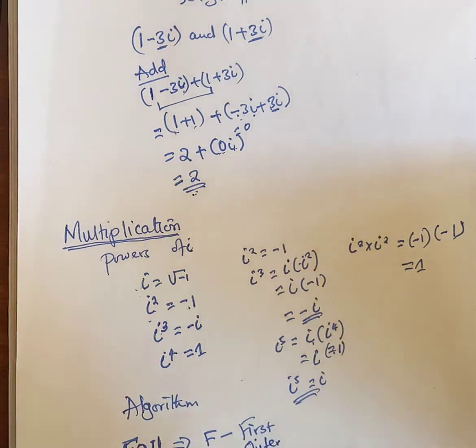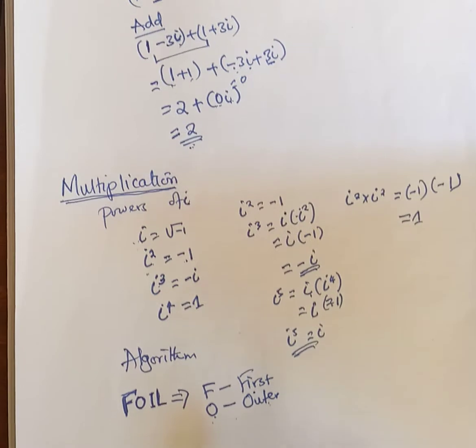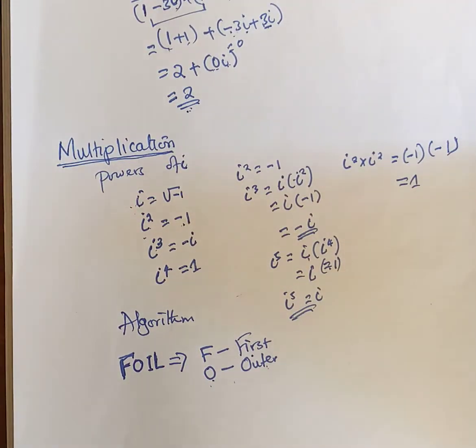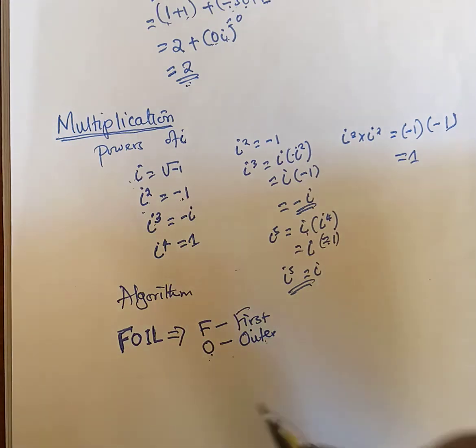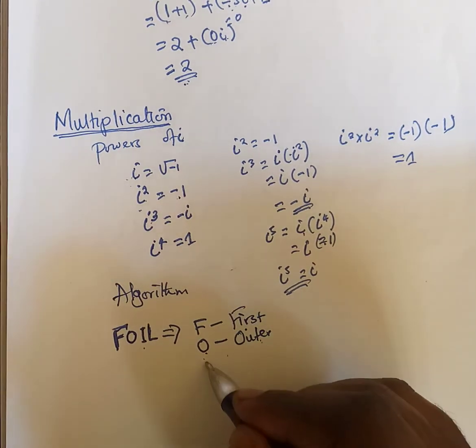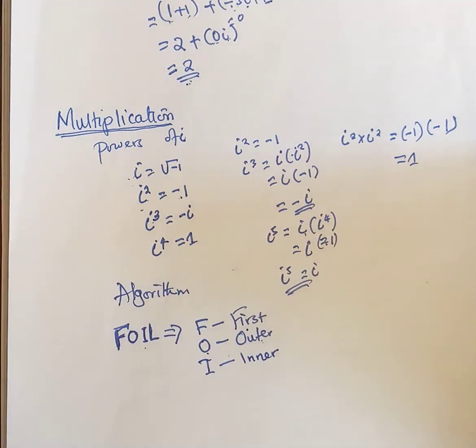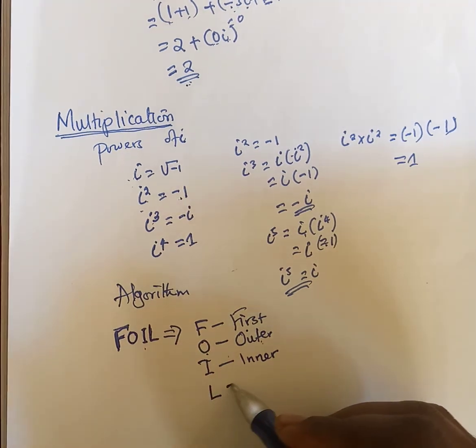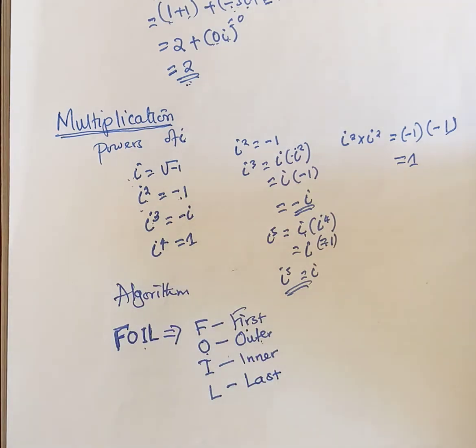After multiplying the first terms, add the product of the outer terms. That is O. Then the next is I. I means inner terms, and then of course L means last terms.